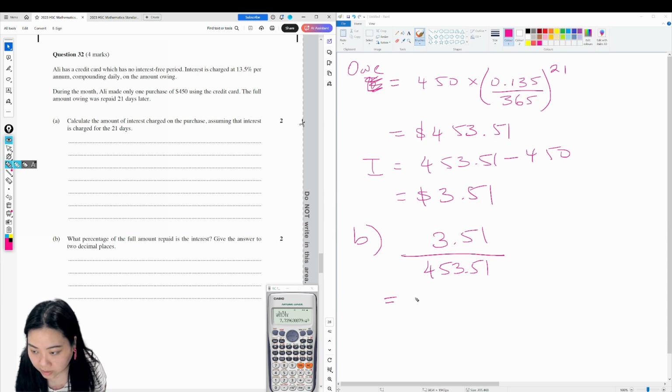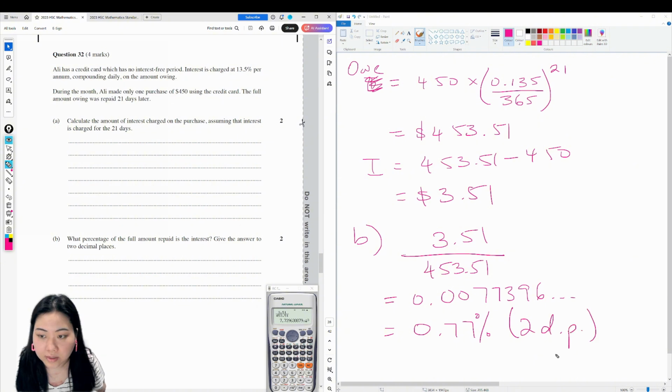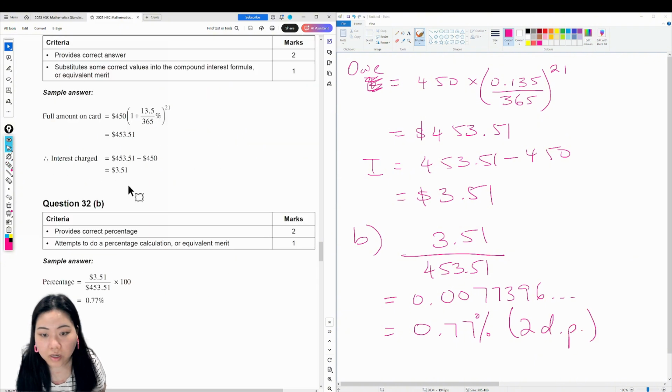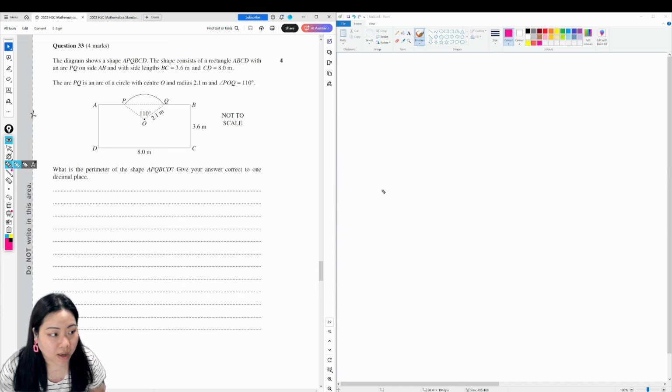What is that? 0.0077396 ... and that to 2 decimal places. Let's check the answers. Interest charged is $3.51 and the percentage is 0.77%. Very good.